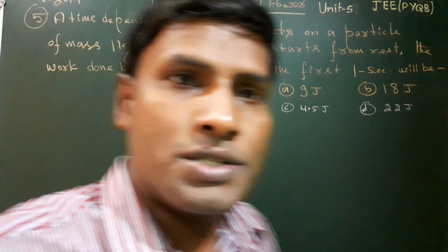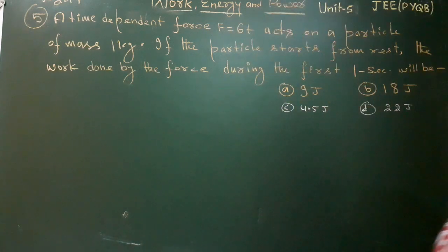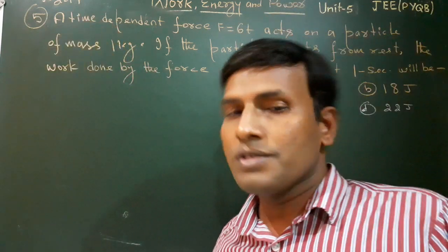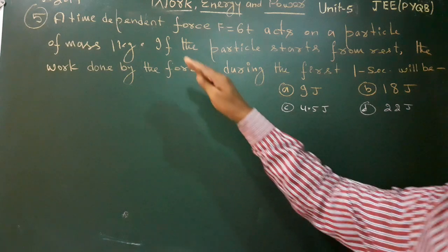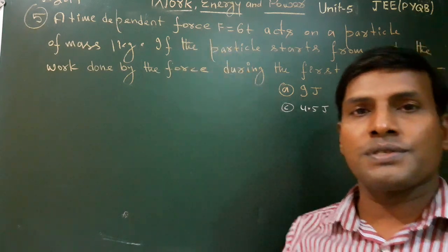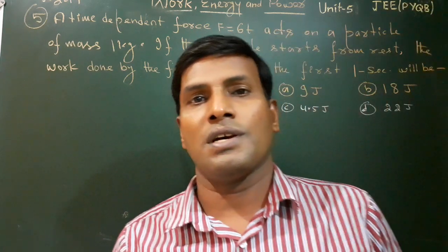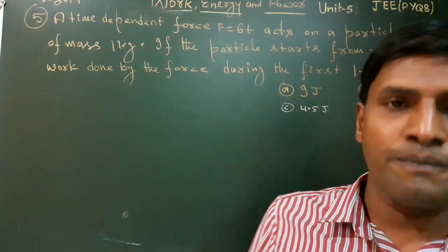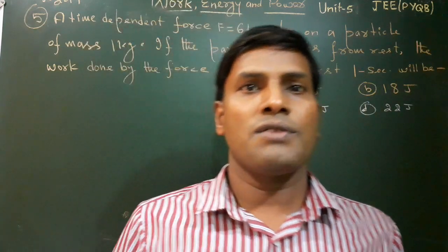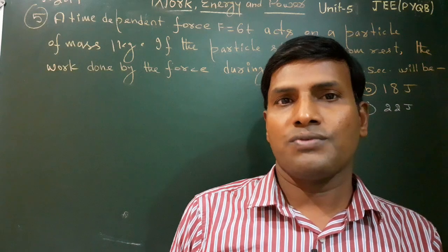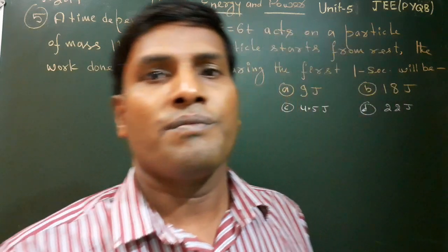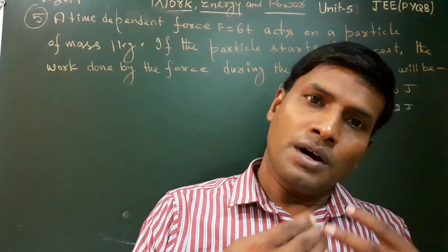This is the last question, the 5th, which was asked in JEE 2017. In this question, force is given as 60t, variable with time, and after 1 second we need to calculate the work done by this force. Mass is given, and the body starts from rest.